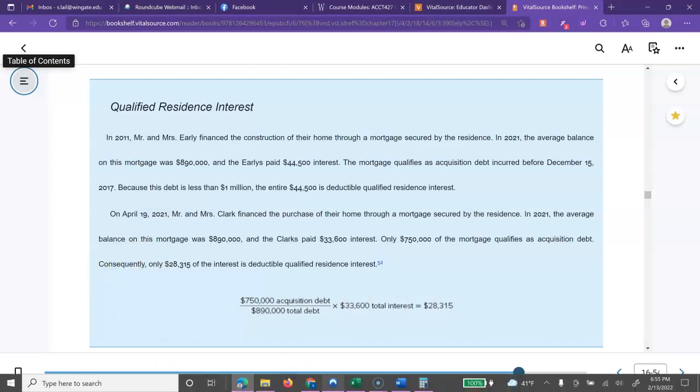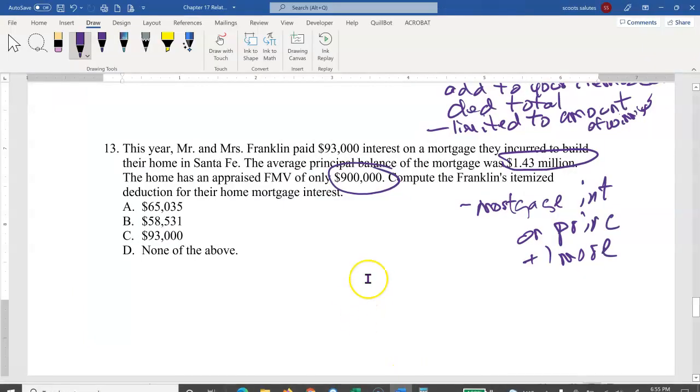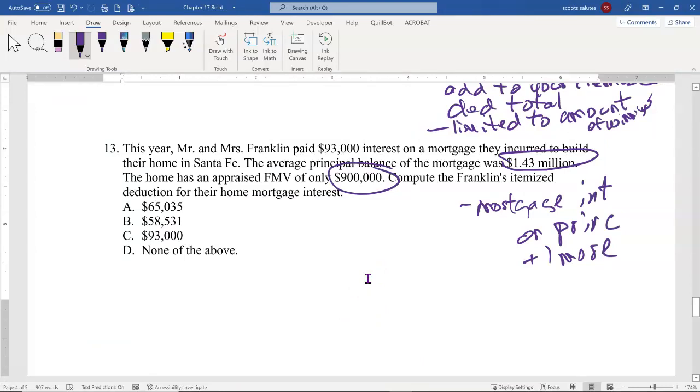Let's go back and work our problem, because again, we're going to use the $750,000, but you're over that limit. So we have $750,000, that's one of the numbers. The bottom number is going to be your loan amount. It has nothing to do with the fair market value. $1,430,000.